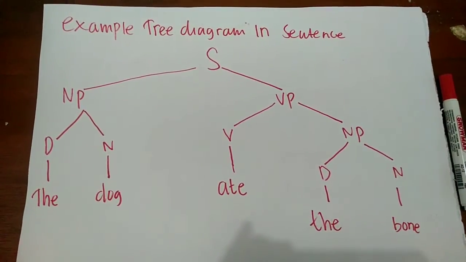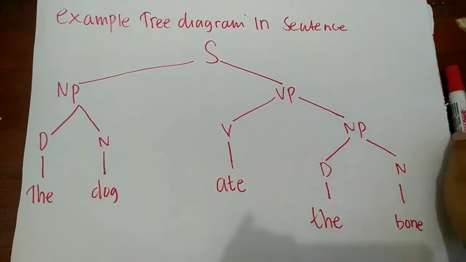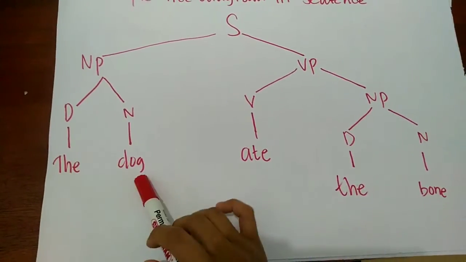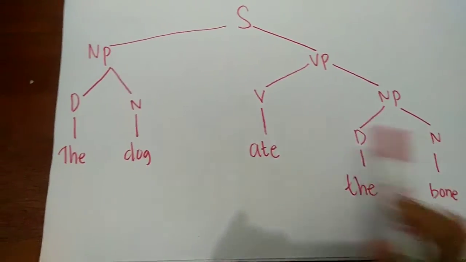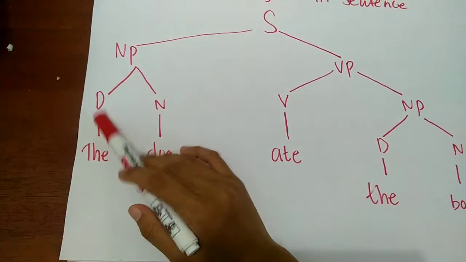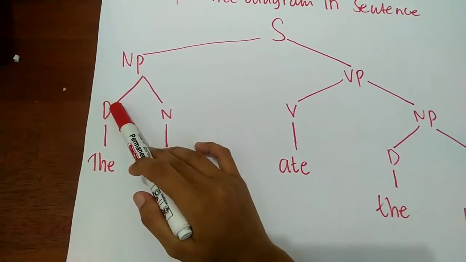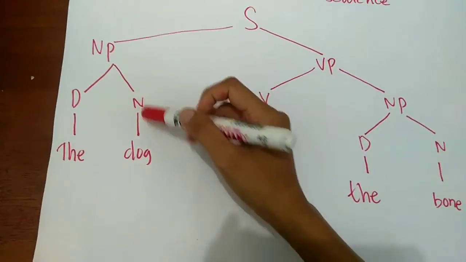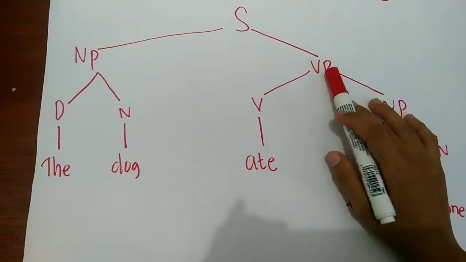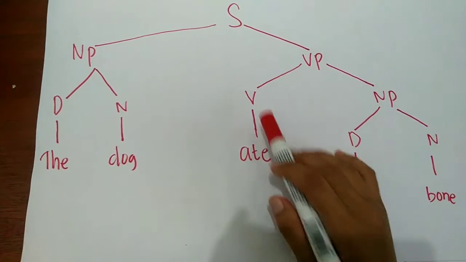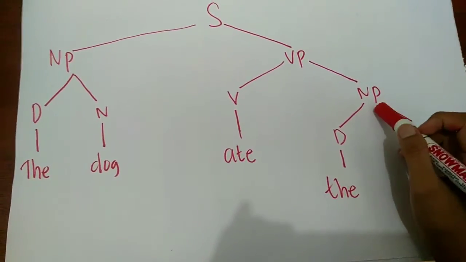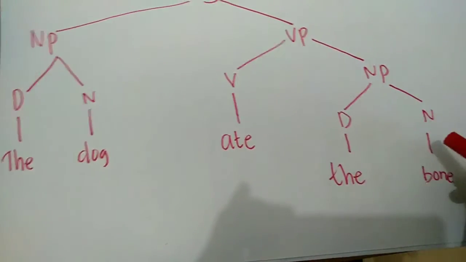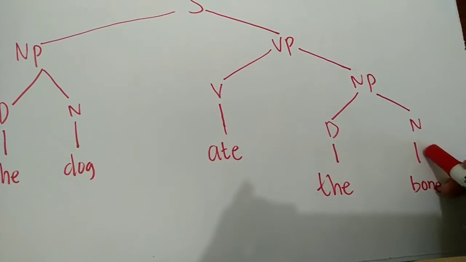So those are the symbols in a tree diagram. Next is an example tree diagram of a sentence. The dog ate the bone. The noun phrase has the determiner the and the noun dog, and the verb phrase has the verb ate and a noun phrase with the determiner the and bone as noun.